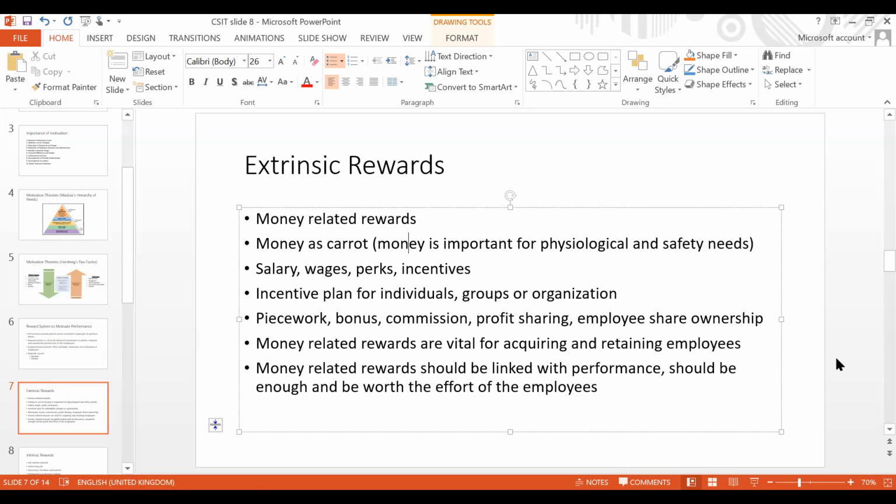For example, if you are a carpet weaver, उसले carpet 1 meter weave गर्यो भने यति पैसा पाउँछ. So people will be motivated to make more outputs.